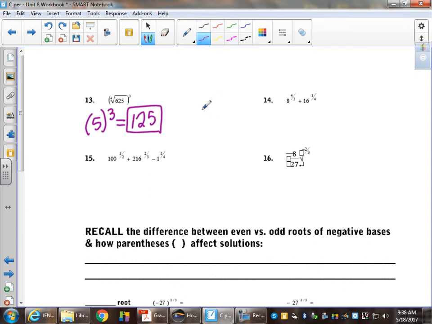Raise your hand if you match with me. We're good? So it's just about everybody. Front right corner, are we good? Richie, you good? Did you get 125?